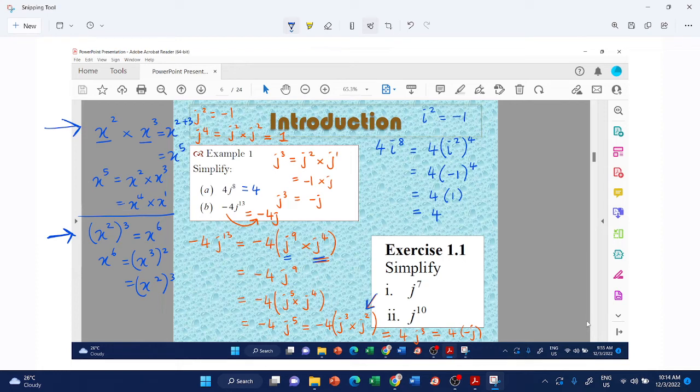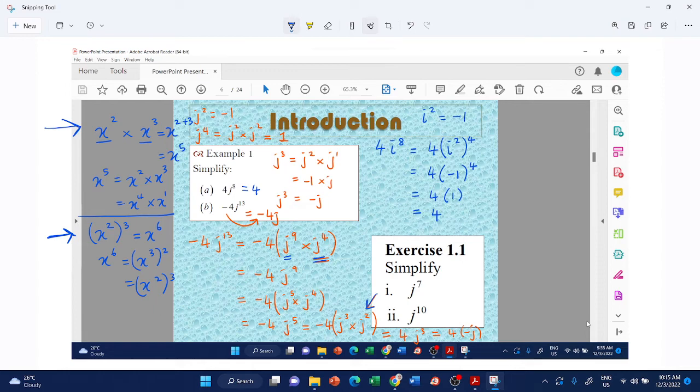Okay, so to simplify J power 13. Madam, sorry to interrupt, but I just want to ask, the X5 base and X power 2 in brackets 3, will the questions be like that, they give X5 and also X2 in brackets 3? There will be different types of question in both ways?